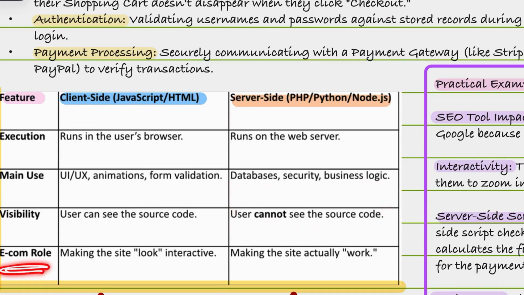And if you talk about e-com, client side is making the site look interactive, so it is working on the look and feel of the site, whereas server side scripting is actually making that site work. The business logic that needs to be implemented on the site is working behind the server side scripting.